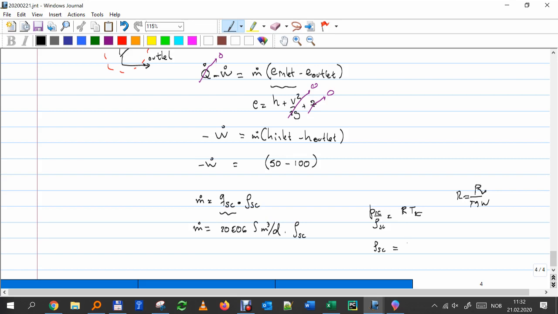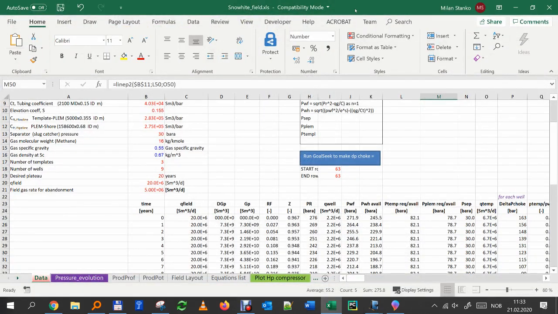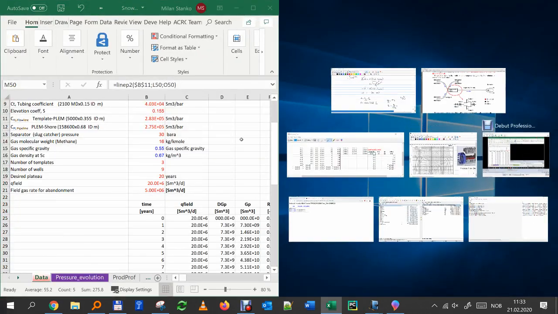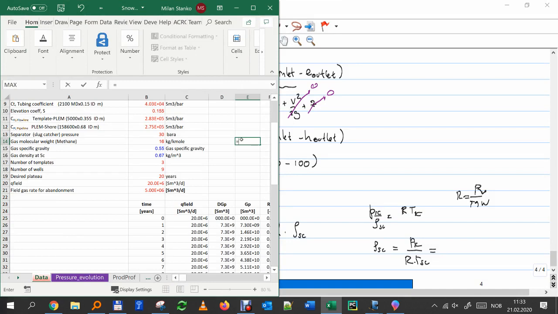Okay, how much is that? The density at standard conditions is already calculated.